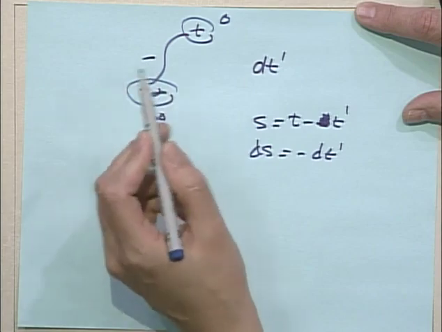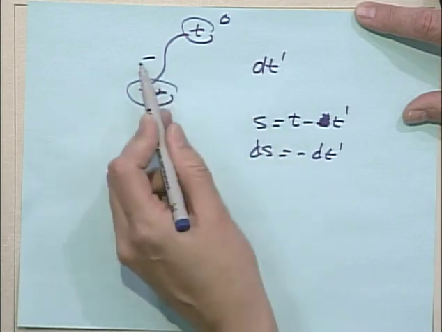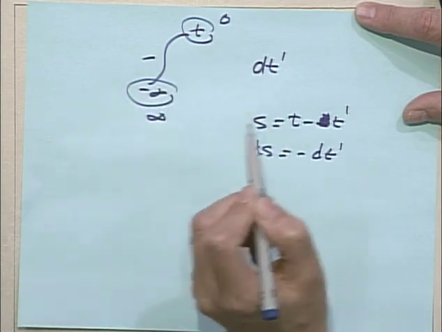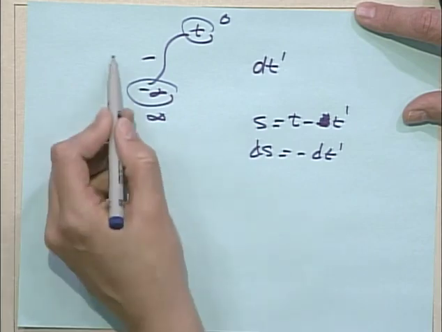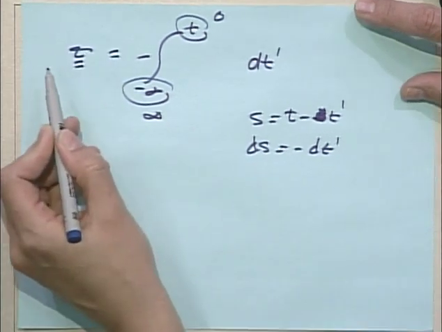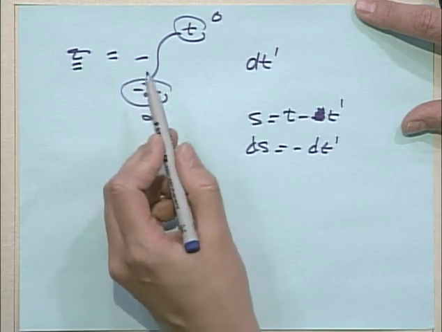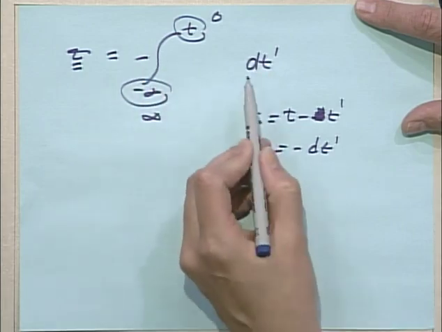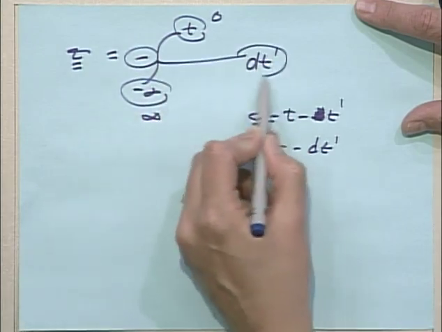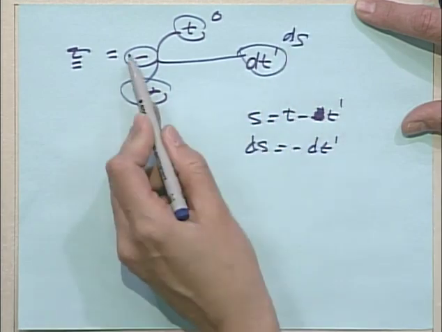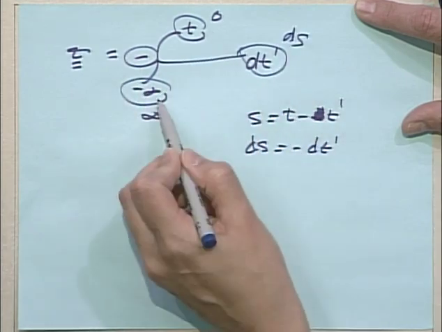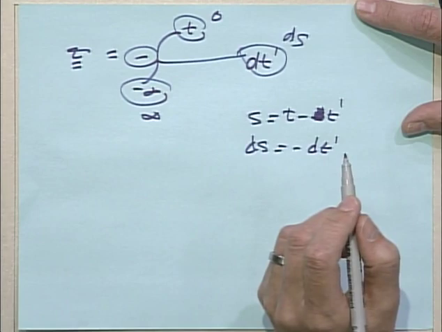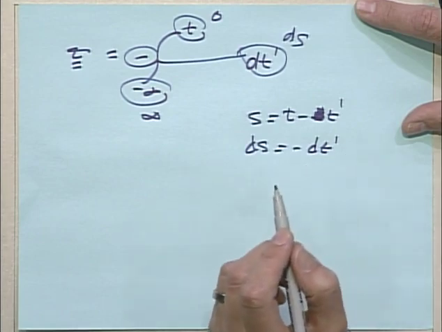There was a minus sign out front, and then you switch the order. Tau equals, so this minus sign goes with that, so you get ds. And then it's positive out front, but then when you switch the order of the integration, you get the negative sign back. Okay? Does that sound right?